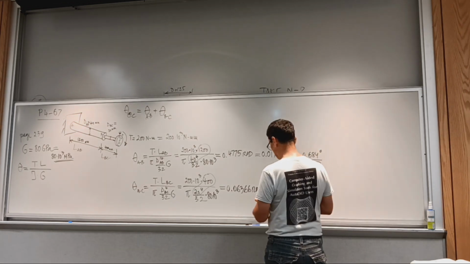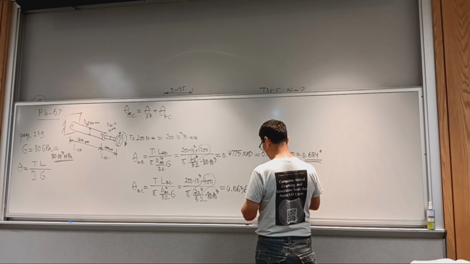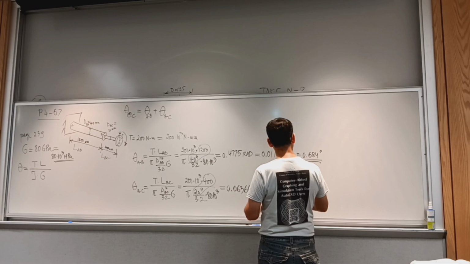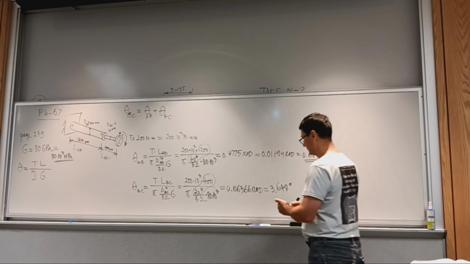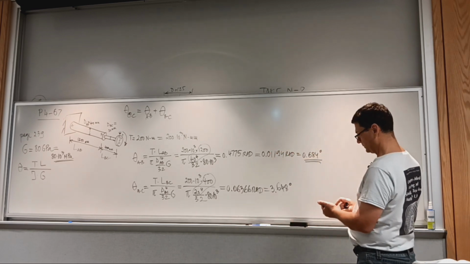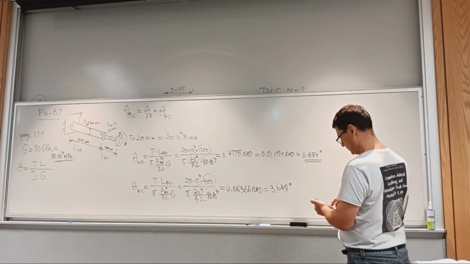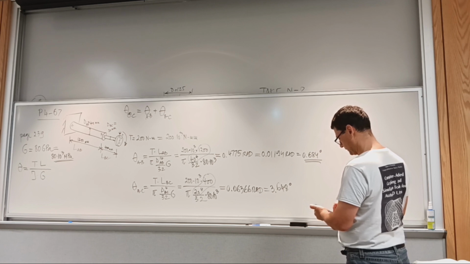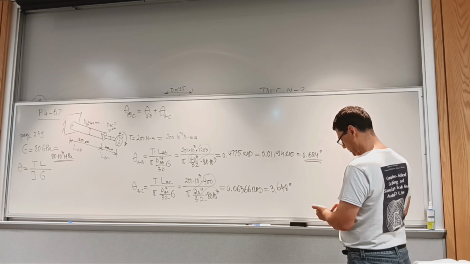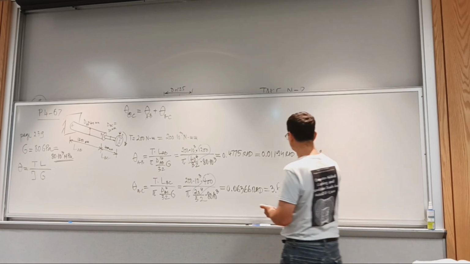So I got 3.6448 degrees. Is this correct? Let me try again. So what was in the memory, and then times 400 over 20 at power 4 equals, and then times 180 over pi equals 3 point something.